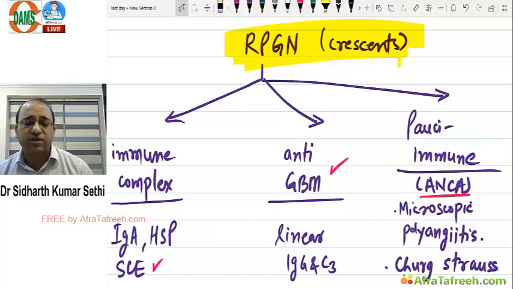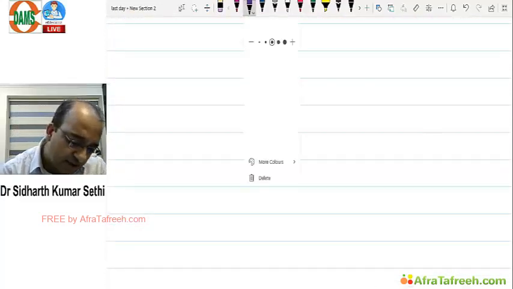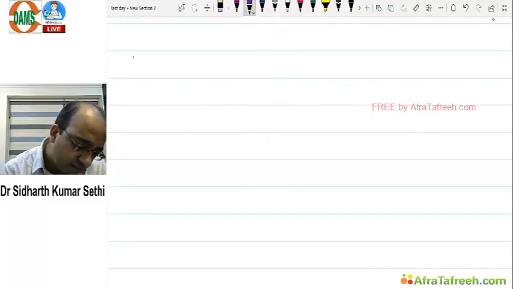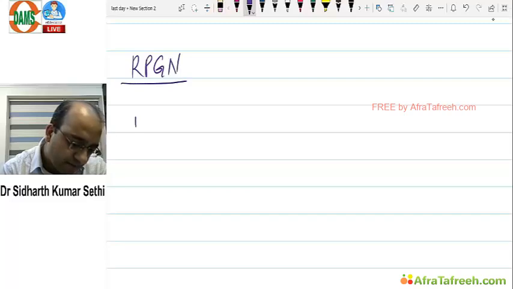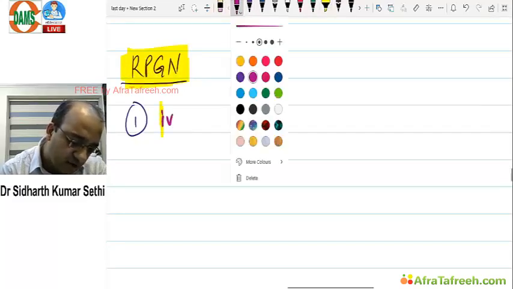Why are we so concerned about RPGN? We are concerned about RPGN because, number one, we have to start early IV methylprednisolone.